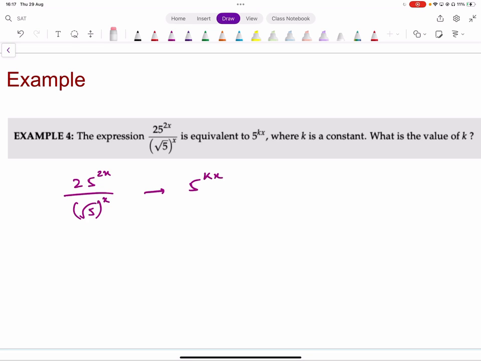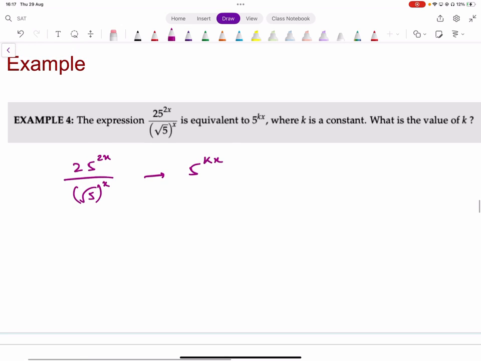Is everyone done now? What's the value of k? 3 over 2? Any other answers? 7 over 2? Okay, any other answers? 3 over 2 or 7 over 2. That's the two options that we have. Okay, let's try this.